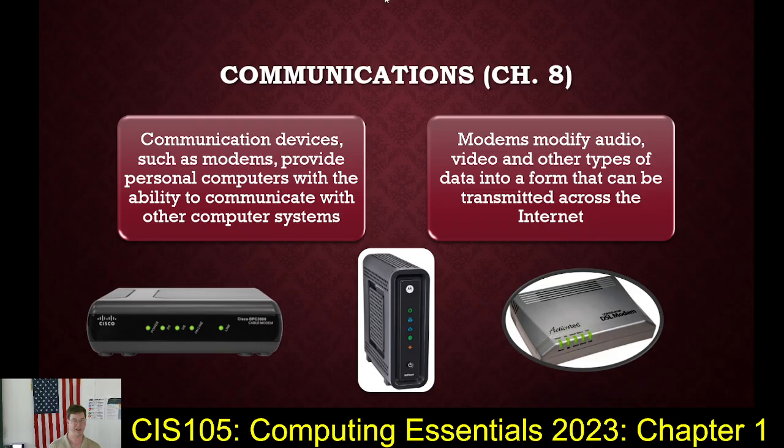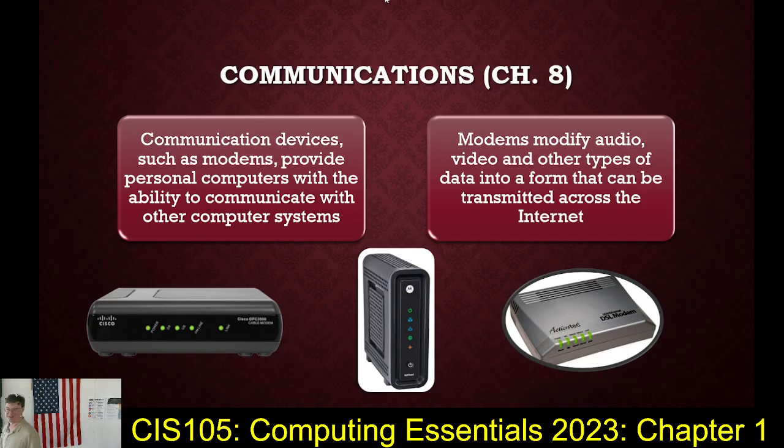Chapter 8 has to do with our communication devices, like modems, for example. Modems allow us to communicate with not only the devices in our house, but to also communicate with other people online. Yes, your phones actually use them, you just don't see them. We'll talk a lot more about various types of communications, including Wi-Fi, Bluetooth, FireWire.